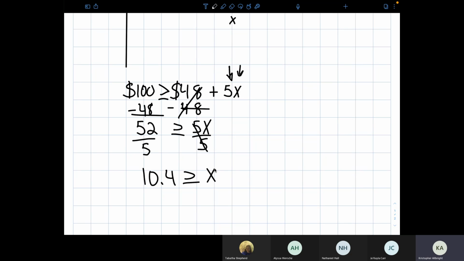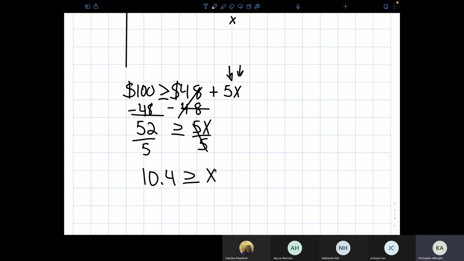So as long as you pick a number less than 10.4 for the number of guests you want to have at this party, then you're good to go. You are going to stay within your $100 budget. And obviously you can't have 0.4 guests, so you're going to pick 10 people.